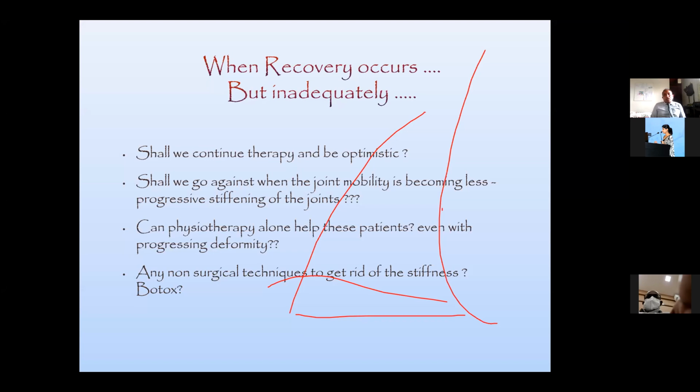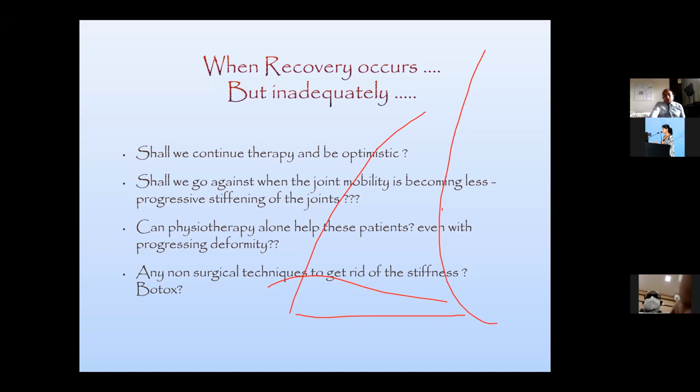But especially with shoulder deformity and internal rotation contracture, this goes into a progressive deformity, and when you try to mobilize against the stiffening joints, you can cause injuries as well.